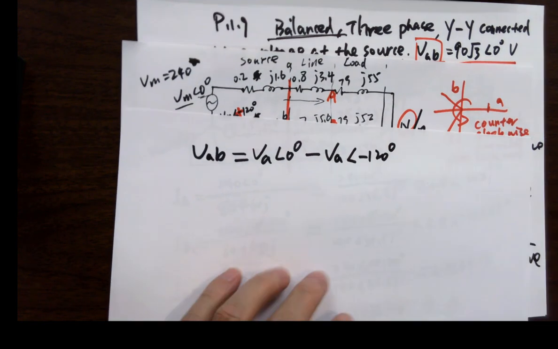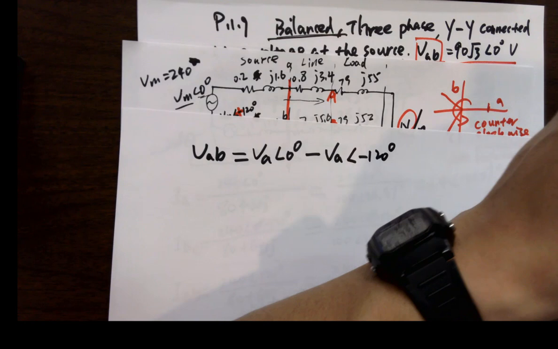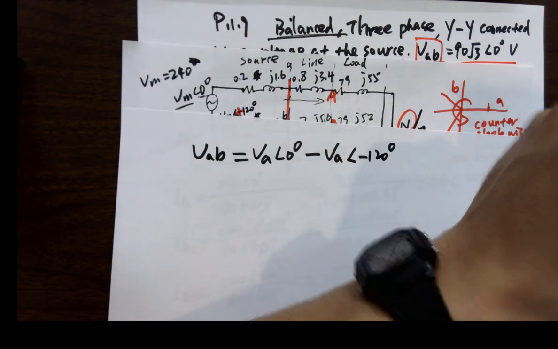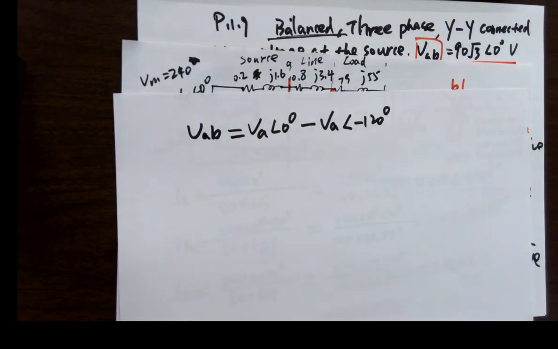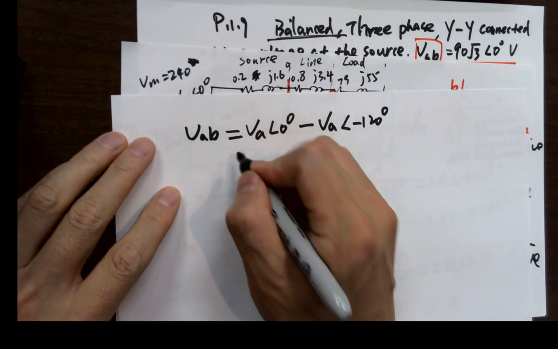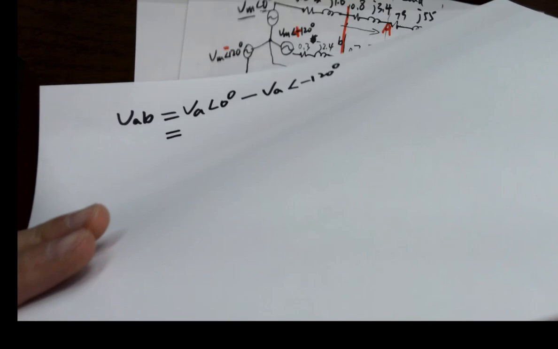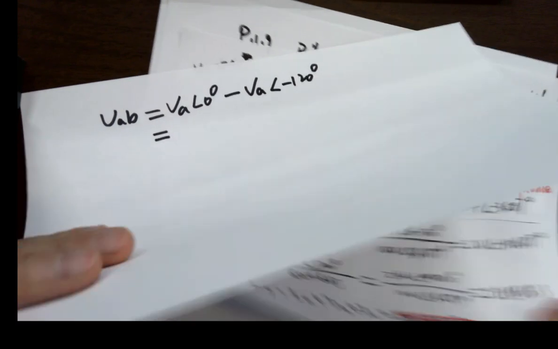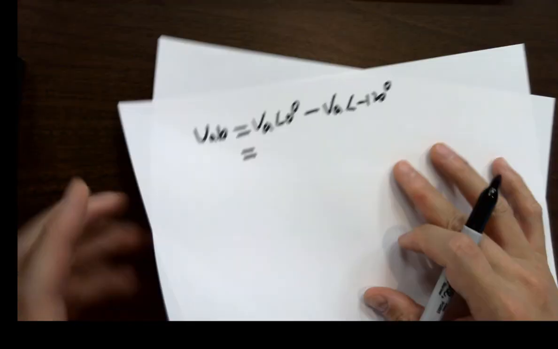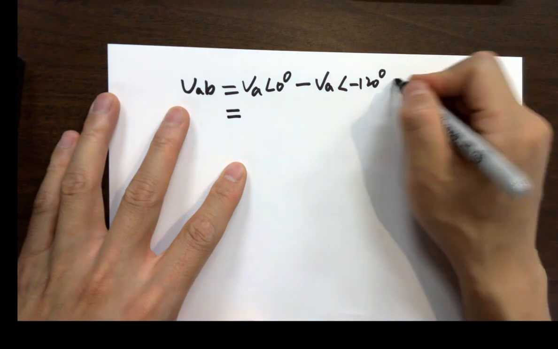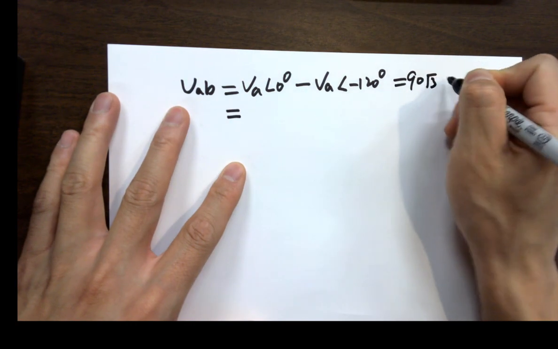Okay, let me take a look at this before I make any further mistakes. So this is correct. What's next? This is testing your phasor fundamentals. It's given, right? This equals 90 square root 3 at 0 degrees.